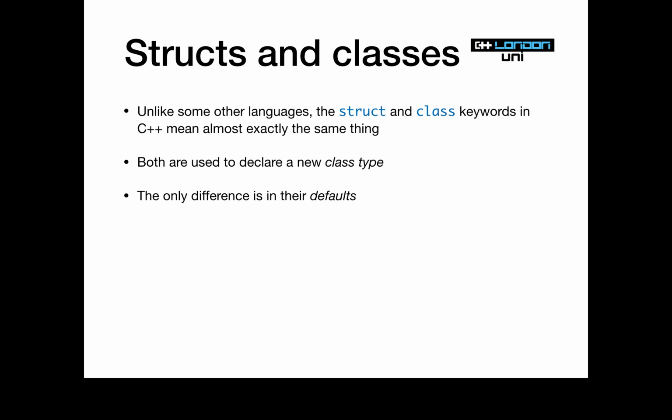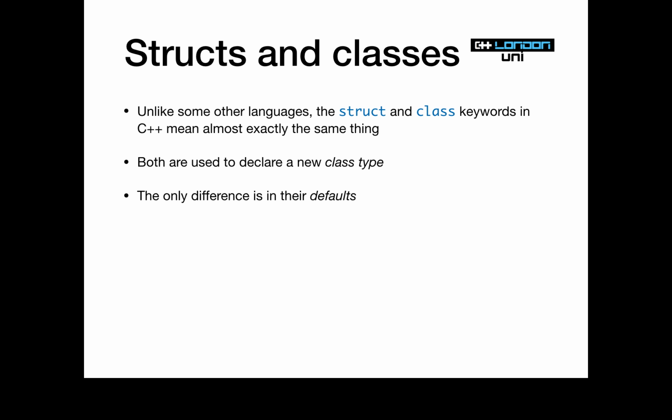Is that like a helper class? Usually, yeah, it'll be of some internal use to you. Yes, you can have member types as well as member functions and member variables. I just didn't want to go into it too much, too early. I'm going to forget what I was going to say.